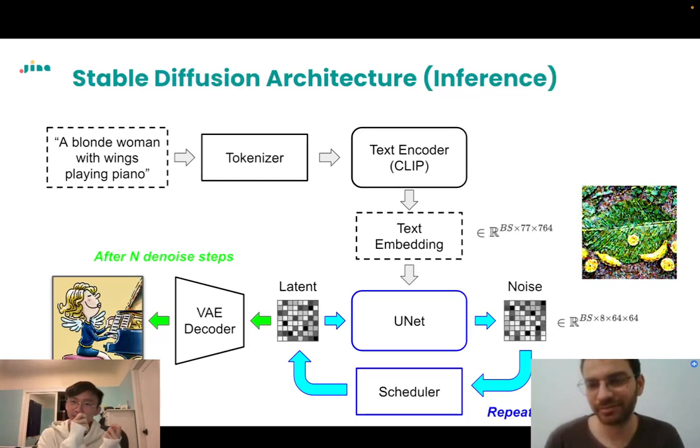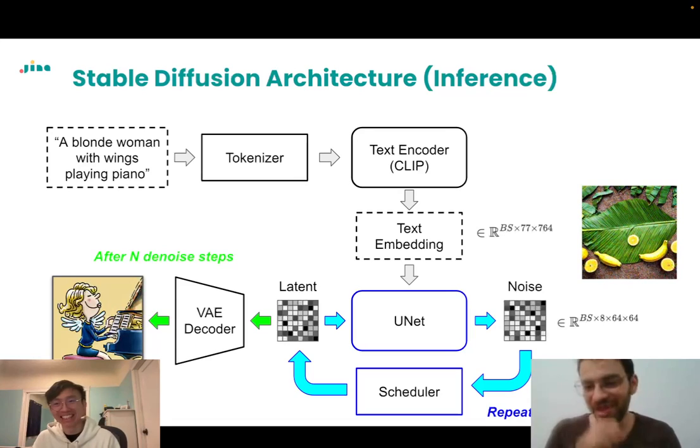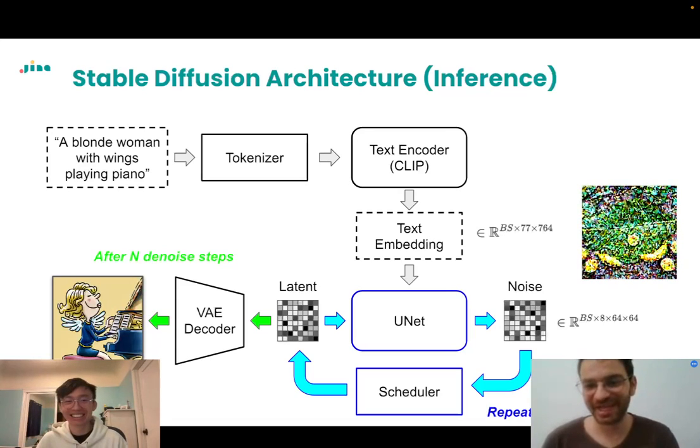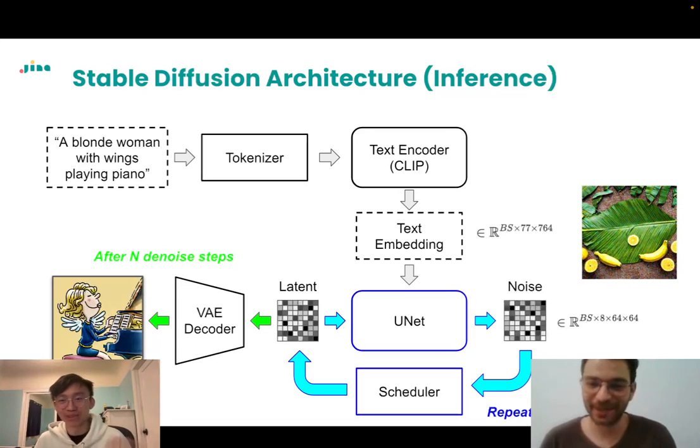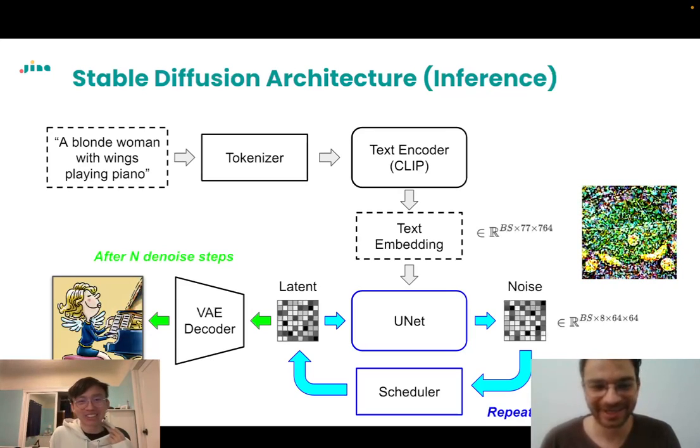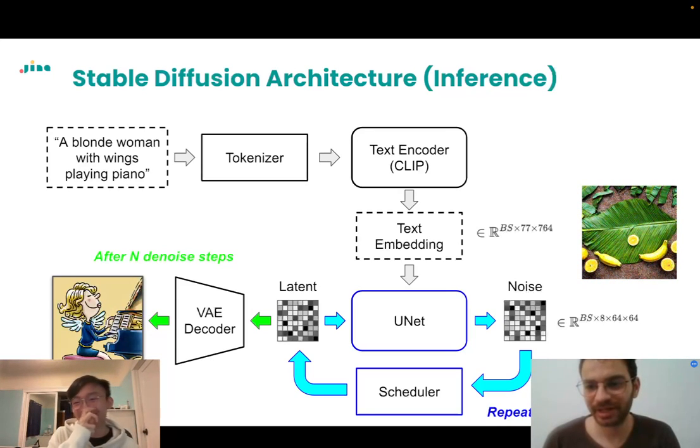But for machines, the way we do it is we give it a bunch of noise, then we ask it to change these individual pixel values to make a bunch of fruit in front of a banana leaf, and then it just modifies each pixel value iteratively. I don't think a human would actually be able to do this, but somehow the machines are very good at this.